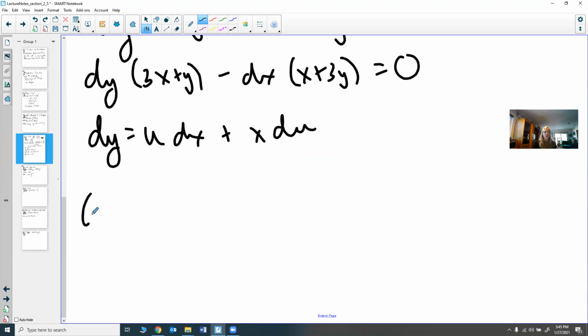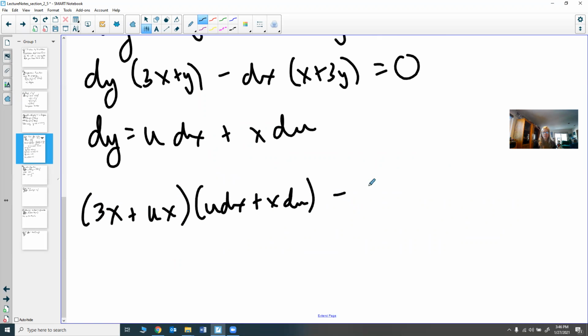The x is not being changed. The y is being substituted in as u times x. The dy is u dx plus x du. The x is again not being changed. The y is being replaced with u times x, times dx. The dx isn't being changed, equals 0.